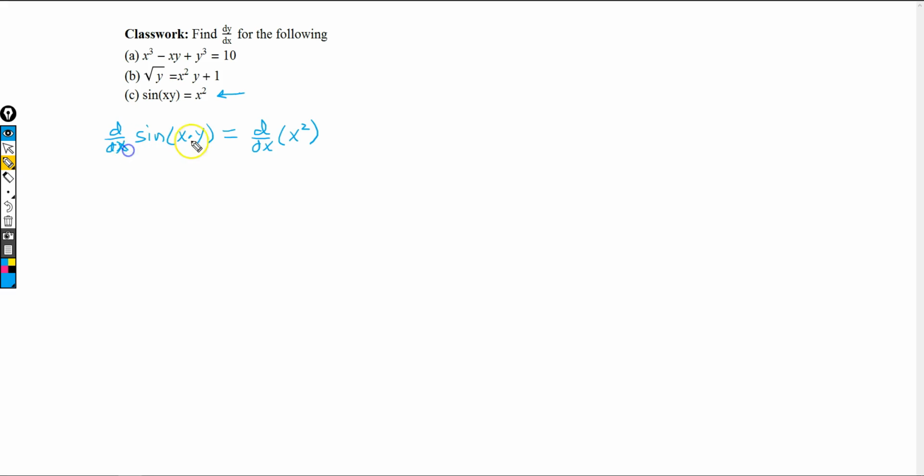We have to actually think of using the chain rule with a u equaling the x times y. For example, over here, if we look at d dx of the sine of u, that's going to be d du sine of u times du dx. And this part right here is the cosine of u.